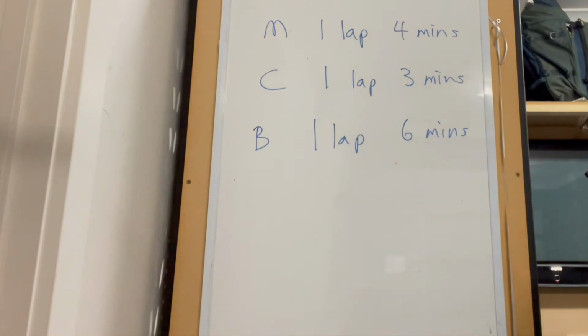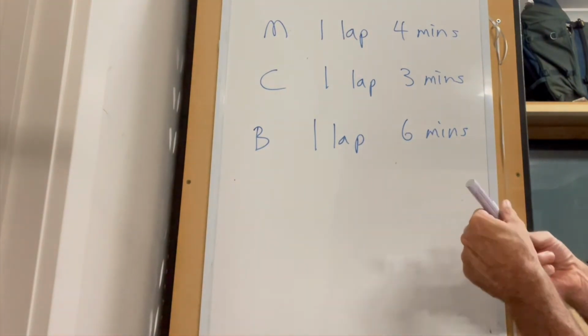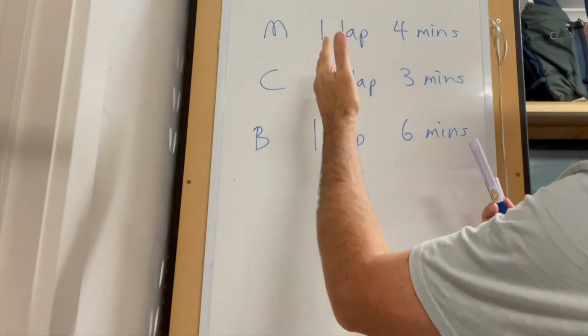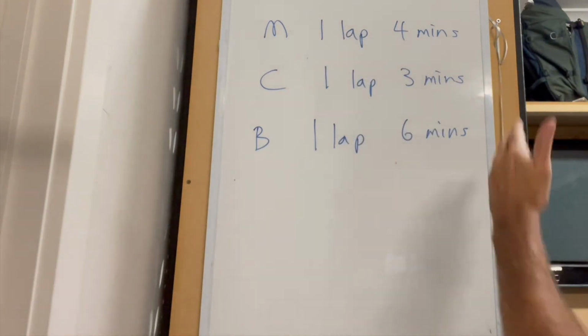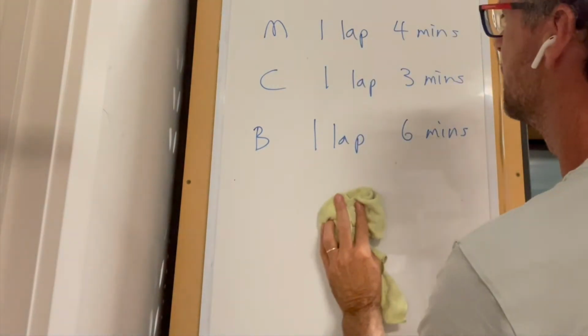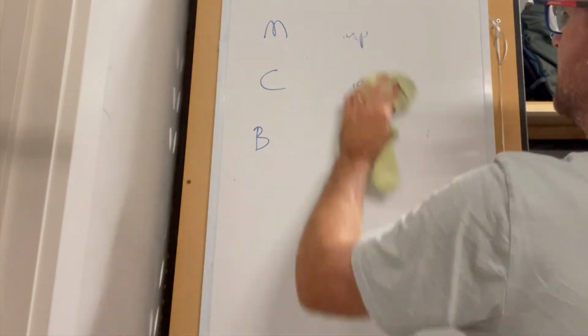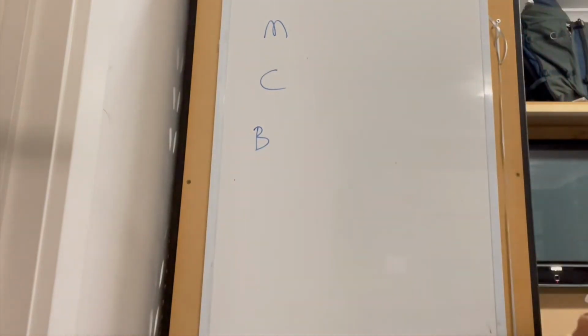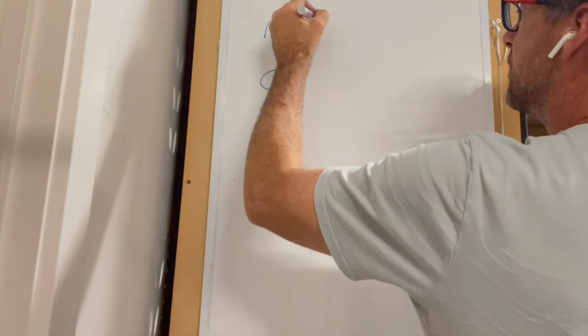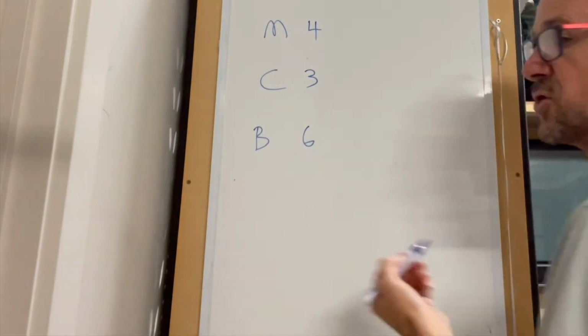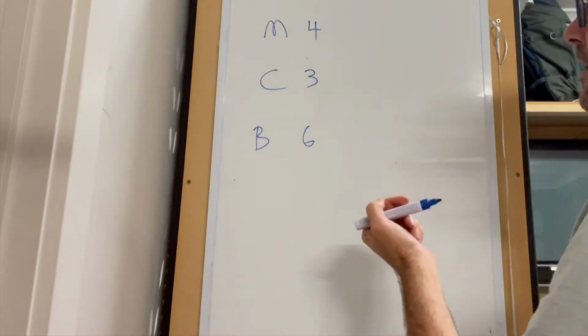So if we look at this as a worked piece, we can have it's multiples of 4, 3 or 6, okay? So we just get rid of that. We'll just use the ends in here. So it's 4, 3 and 6, and we just do multiples of those, okay?